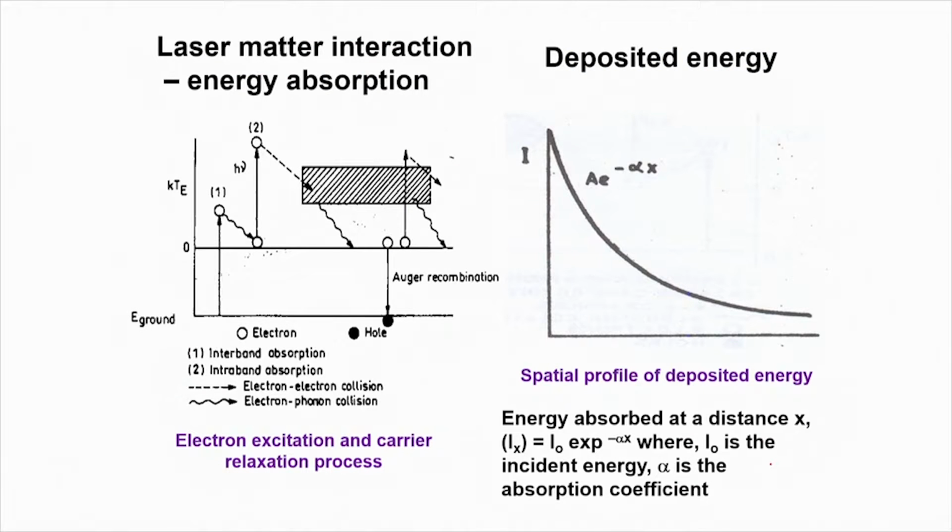So this is what I was mentioning a few minutes ago, that either you excite the electron from the valence band to the conduction band and then further excite to a higher energy state, or if it's a metal, you already have electrons in the conduction band, so you excite them and then subsequently they get de-excited.